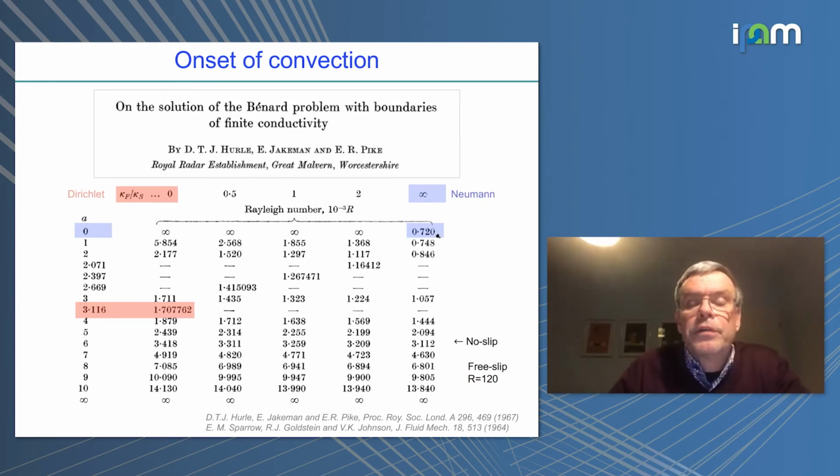And there, the critical Rayleigh number for no slip boundary conditions is 720. In the free slip case, it's 120. Sorry, the critical wave number then is 0. That means in an infinitely extended layer, the convection cell will stretch out as much as it can, and the wavelengths will tend to infinity.